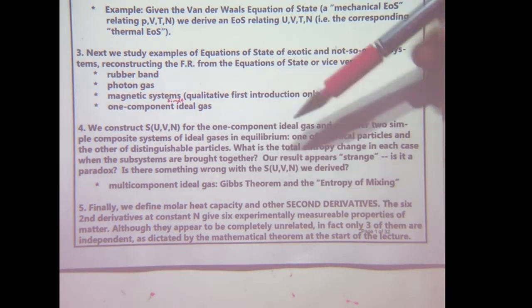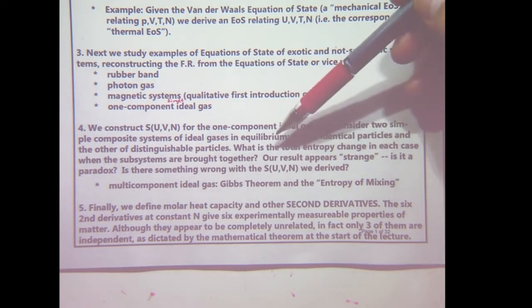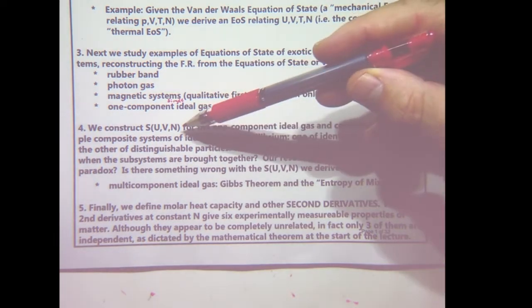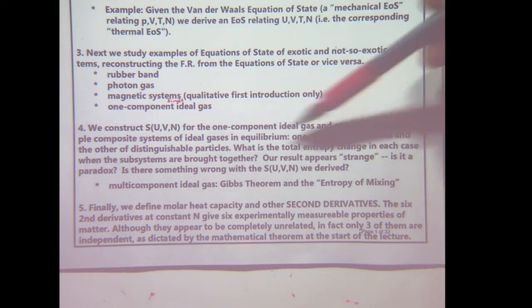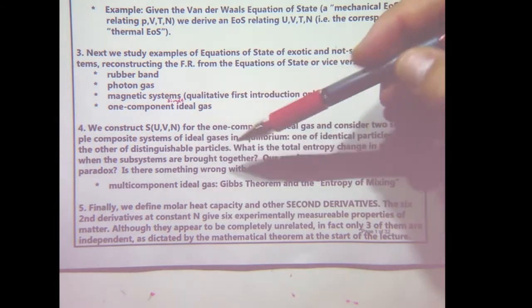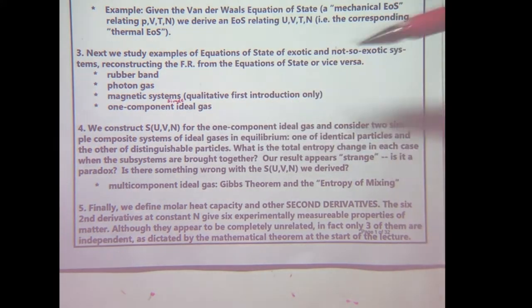And then, in fact, I think what you're going to do in an assignment is check out how the entropy changes in two different situations. You have a composite system divided into two, with ideal gases in each compartment in thermal equilibrium.